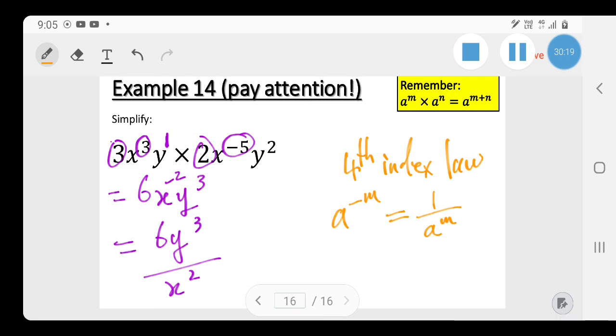But there's another way of writing it. 1 over a to the minus m equals a to the positive m over 1. But that last over 1 is unnecessary. So that's called the fourth index law. Once again, don't worry about that one if you don't get it. It's just index law 1 that I really want you to focus on, okay?